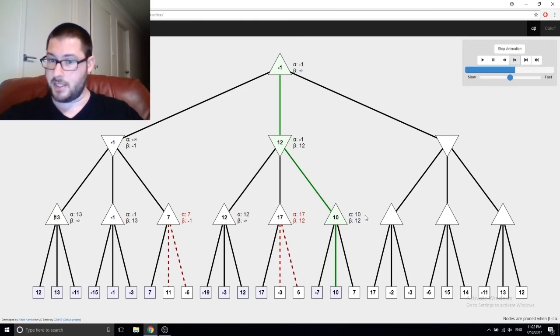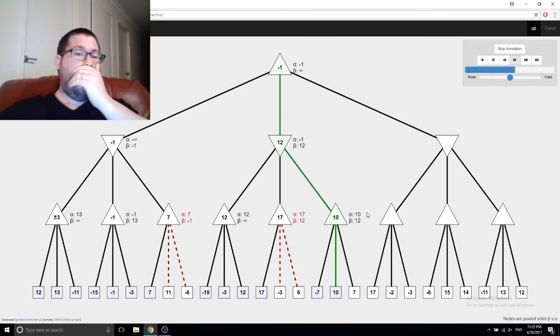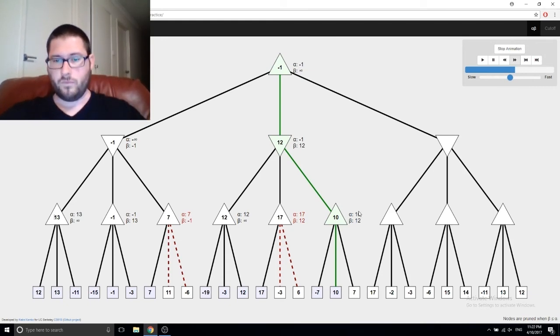Now, does this prune anything? Well, no, because the alpha and the beta values have not overlapped. The alpha value means that you can get a score of 10, and the beta value means that the lowest score that the minimizing node can currently force you into is a 12, and that's over here, this node here, because of the two currently explored nodes, this one's the lowest.